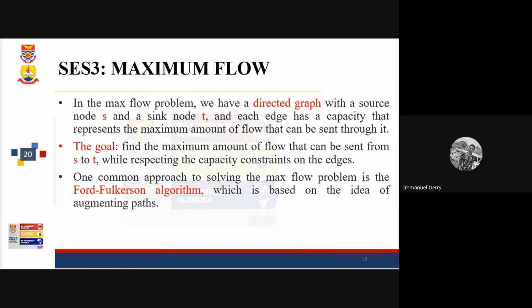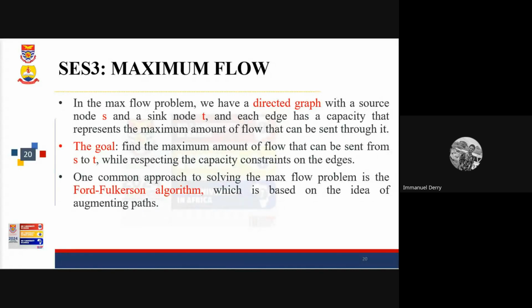So if your tube is 2 milliliters, you cannot pump any water capacity more than that into it. Those are the constraints that we are setting on the various edges or the tubes that we have. And with this kind of problem, we use the Ford-Fulkerson algorithm to solve that.